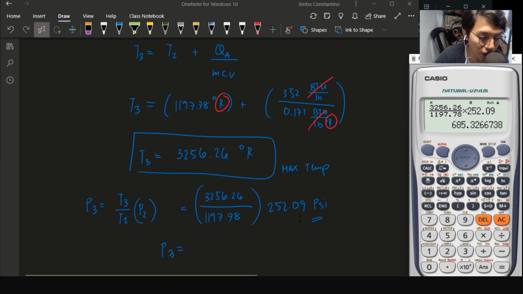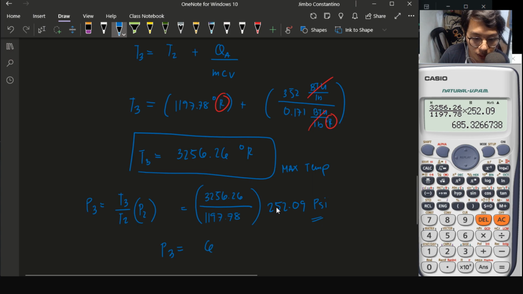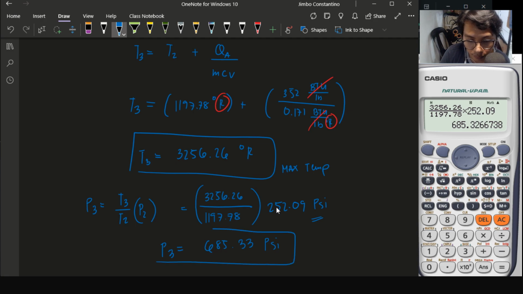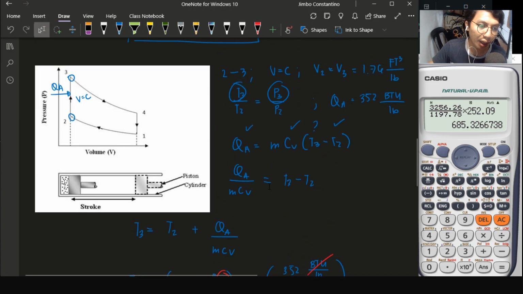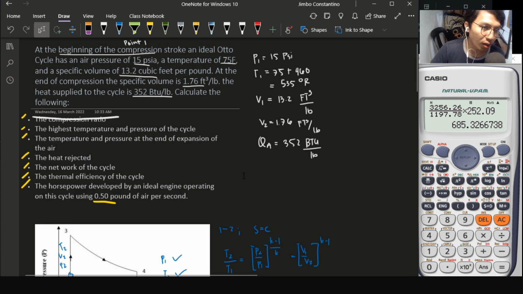The answer is P3 is 685.33 PSI. Very basic. Okay, meron na tayong dalawa. Cross out na natin siya. Highest temperature and pressure of the cycle.